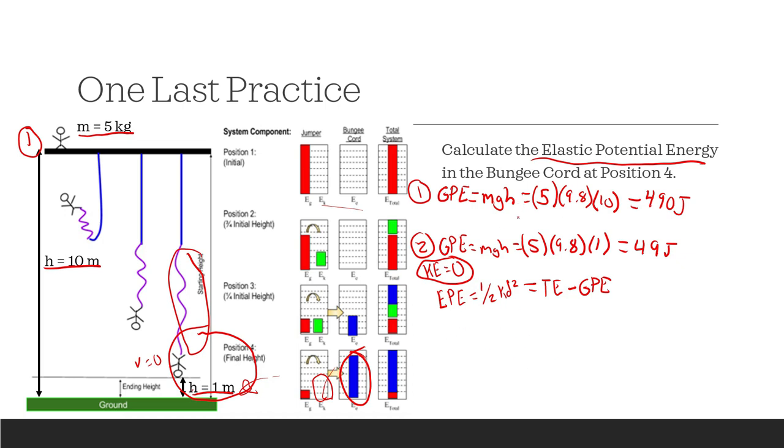We don't have any kinetic, so it's just total energy minus gravitational. So we know that all the energy left in our system, which is 490 is the total, is going to be elastic potential. So all we have to actually do here is 490 joules minus 49 joules, which is going to give us a total of 441 joules. And that is our total elastic potential energy here.